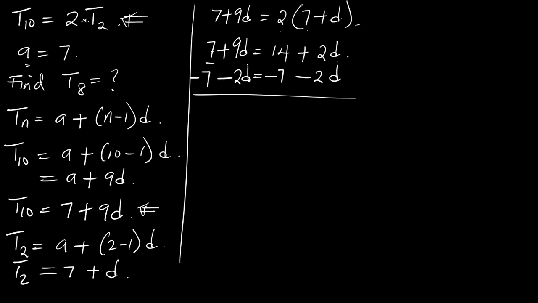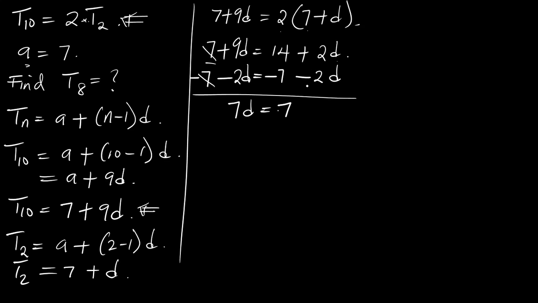So 7 minus 7 will cancel out. Plus 9d minus 2d will give me 7d. Now 14 minus 7 will give me 7.